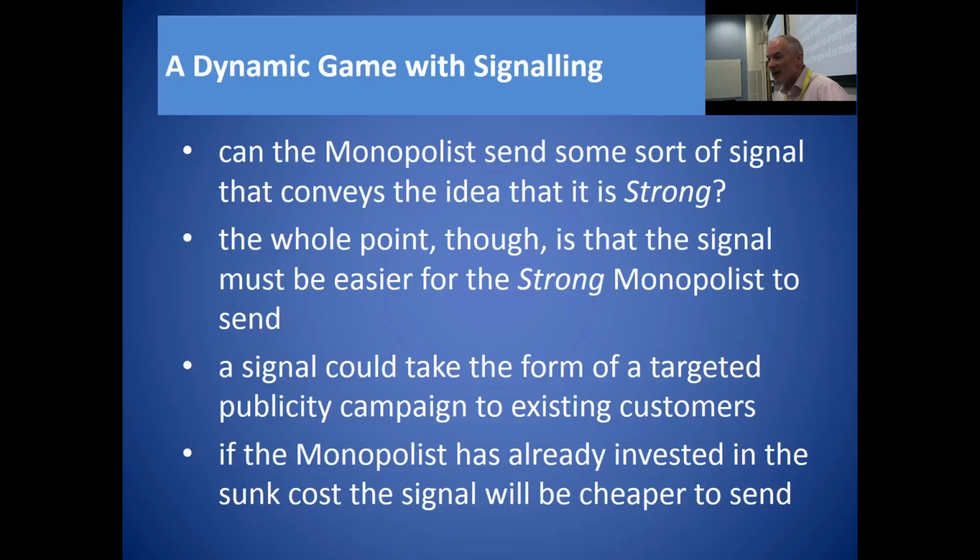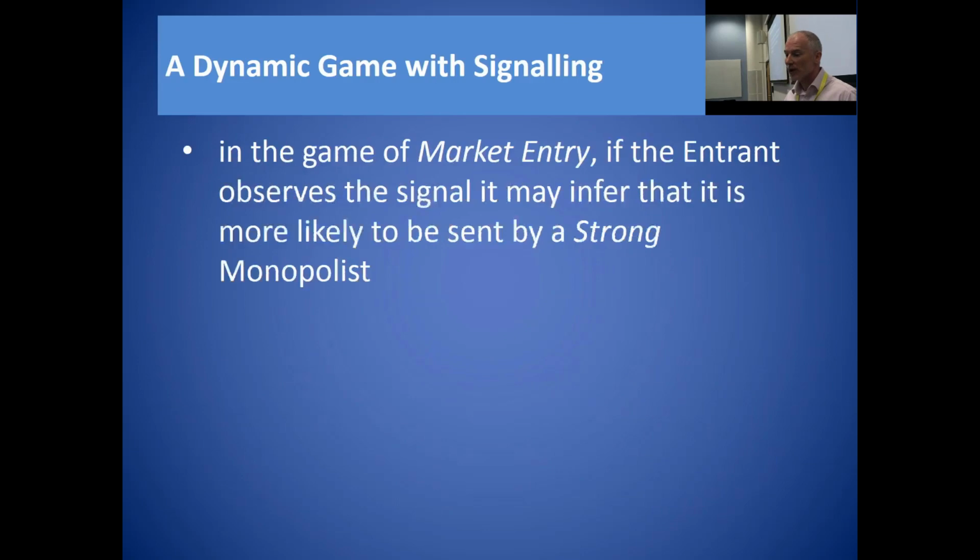It's cheaper to send it if you've already invested in these sunk costs. And that is going to be crucial to all of this. In the same way as you would have seen high productivity workers accumulating education in the Spence model. That's it. Cheaper for certain groups than others. Here, it's cheaper for the strong monopolist to send the signal that it has invested in sunk costs, that it is indeed a strong monopolist.